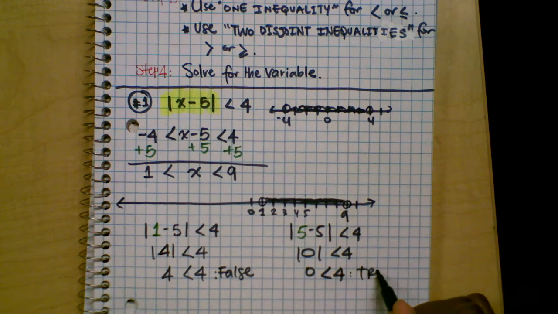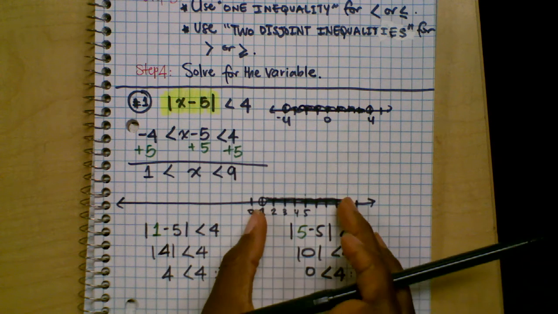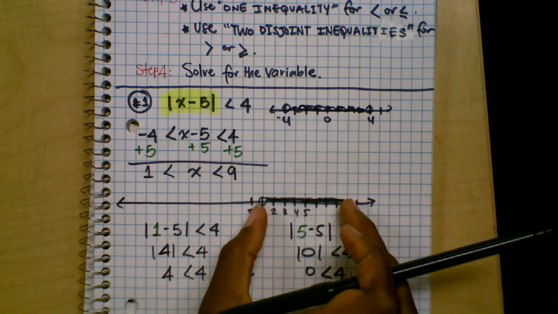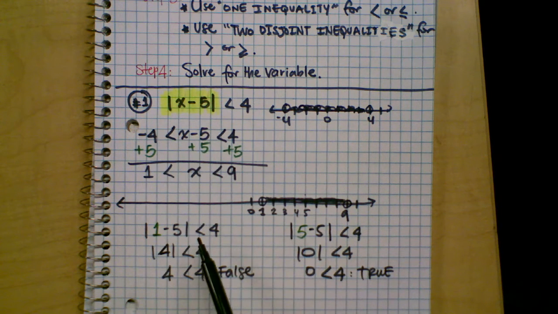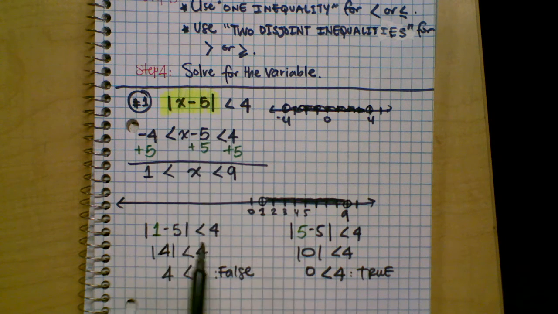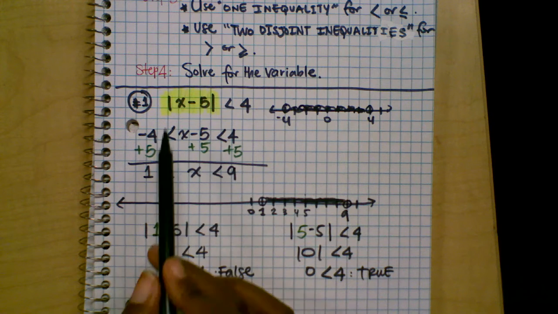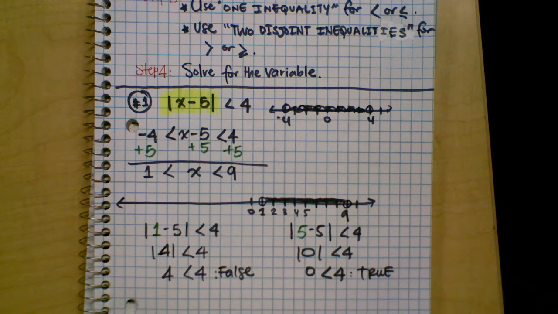Yes, it's true, because 0 is less than 4. So any number within this interval makes this inequality true. Any number away from it, if you choose -2 or 10, makes this inequality not true. And if you don't believe me, try. Take -1 or -2, plug in, and see if the inequality is going to be true or false.